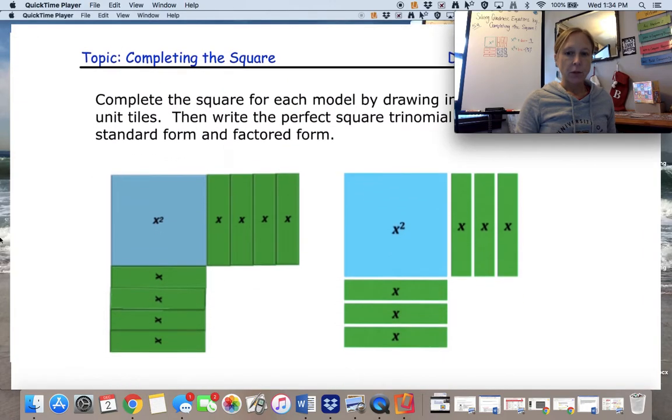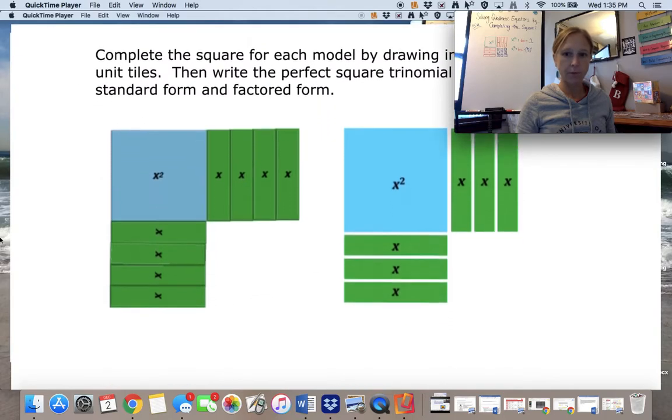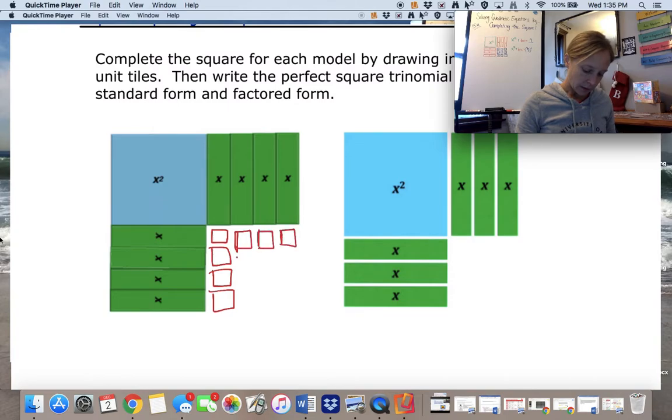Okay, so what I'd like us to do is to draw in the missing squares and write the perfect square trinomial that results in both standard form and factored form. Let me switch pen colors because that green is so close to the actual one. Okay, so I have x squared, and if I fill this in here with squares, oh, this is lots of drawing of squares.